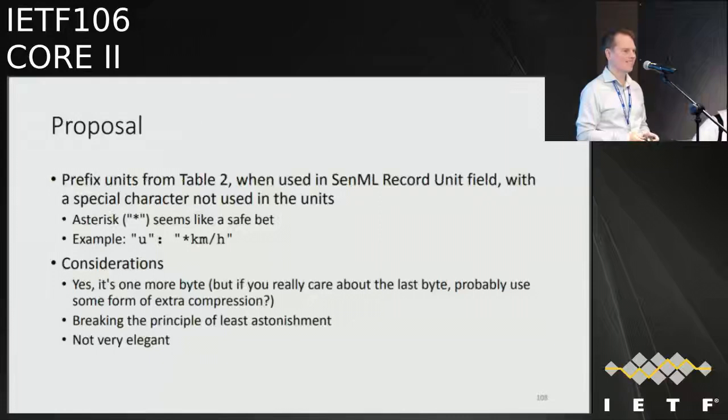Jaime, from the floor. Let me try to address those points in reverse chronological order. It's not actually only about table 1, table 2, it's about the semantics of that unit registry that we're indicating. The key thing is: is it only one unit per kind of measurement? And now we are breaking that. Also, as Colin pointed out in the previous session, SenML was never meant to be human readable.